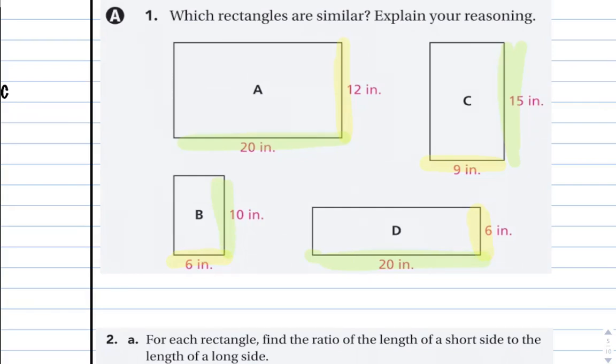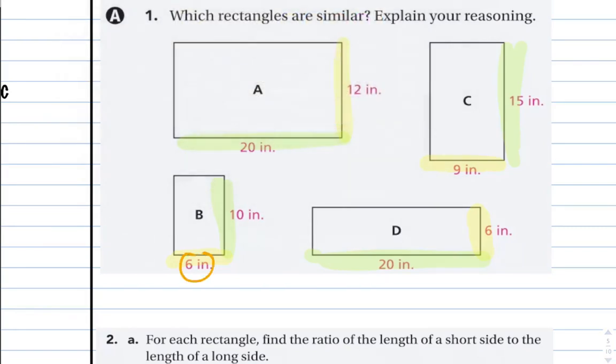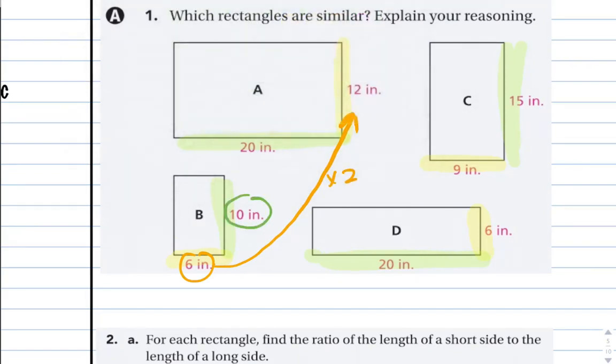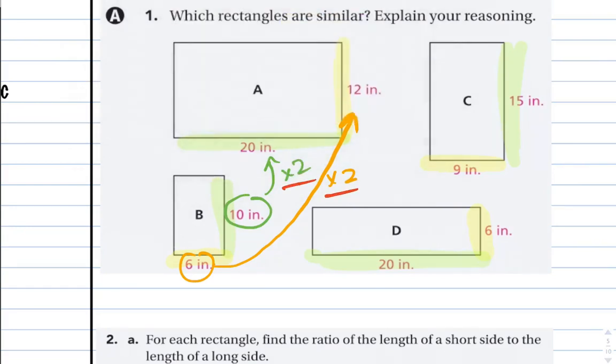So if I compare each one of these, 6 to 12 is times 2, and I also have 10 to 20 is also times 2. If these two are the same, then they are similar. Now let's check some more.